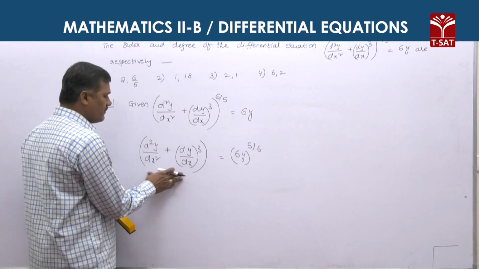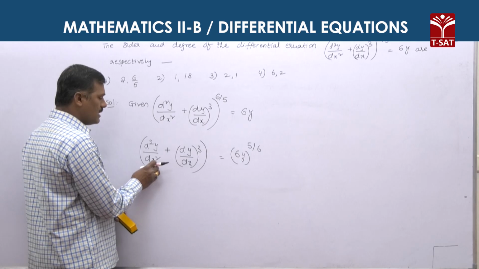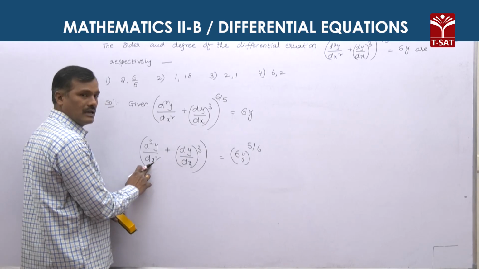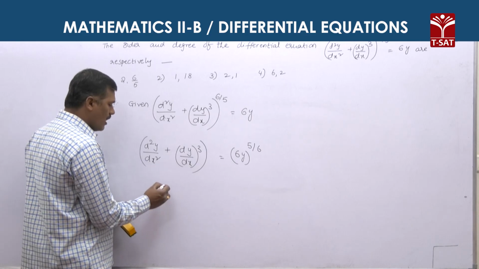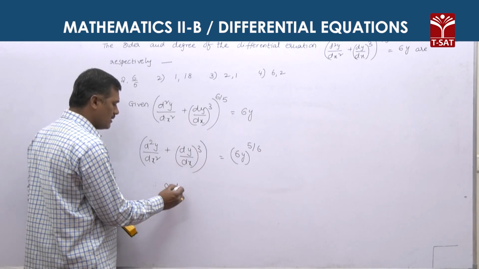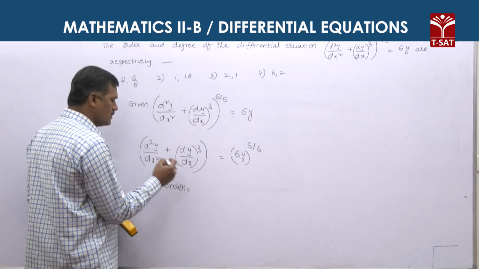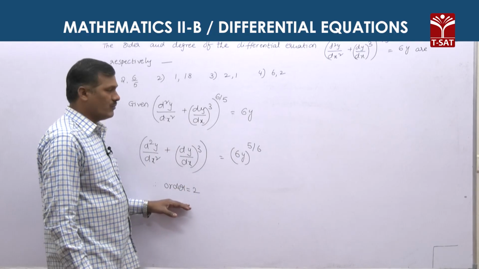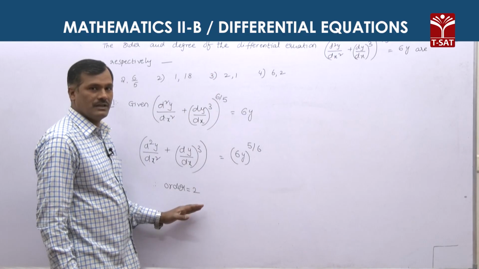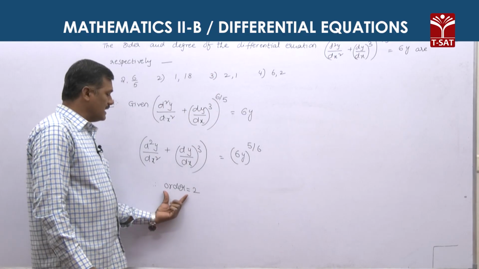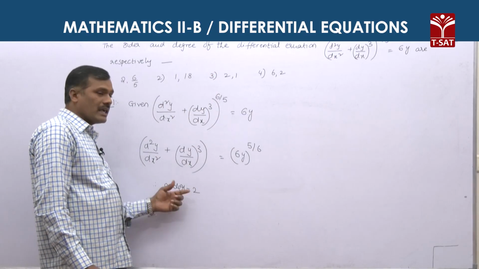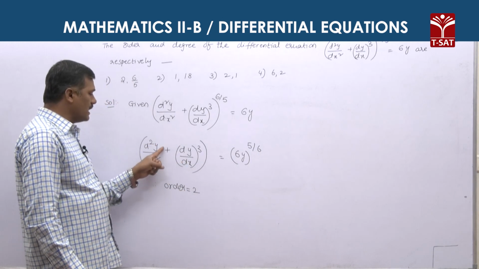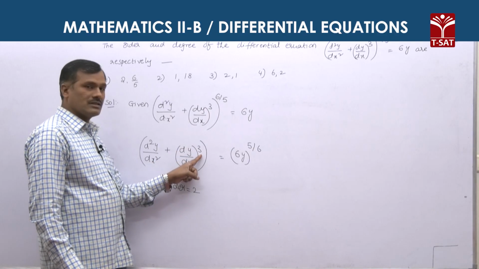Now in this differential equation, the highest order derivative, this is the first order derivative and this is the second order derivative. Therefore order is equals to 2, and degree of the differential equation, we recall the degree of the highest order derivative. In this, what is the degree? Its degree is 1, but it is not 3.